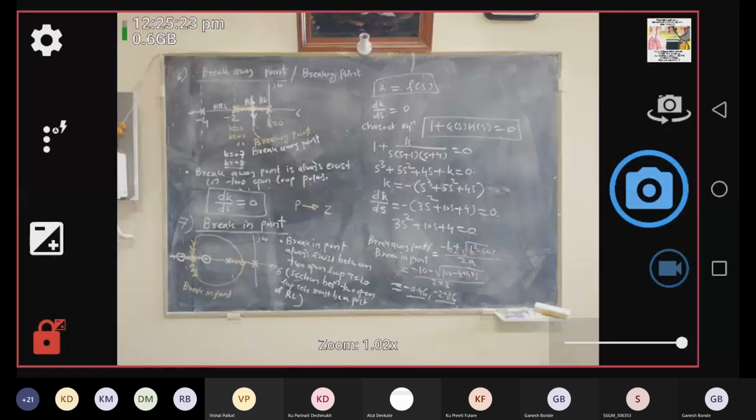Generally it is denoted by phi d, where d stands for departure, and it will be given by 180 minus phi, where this phi will be given by summation of phi p minus summation of phi z. You just note down the meaning of what we mean by summation of phi p or summation of phi z.